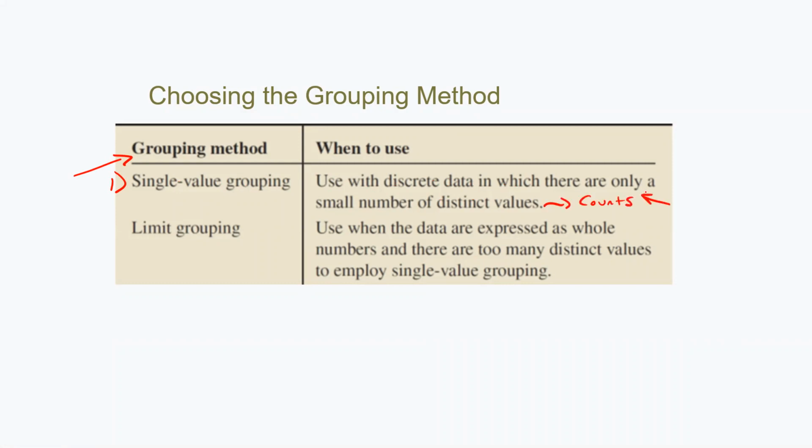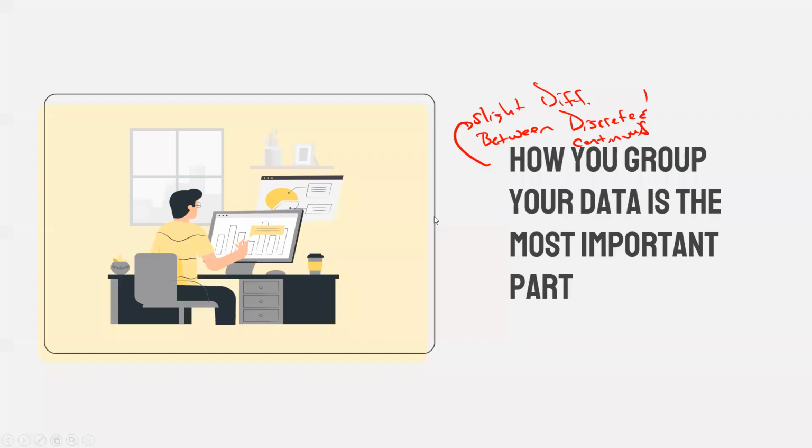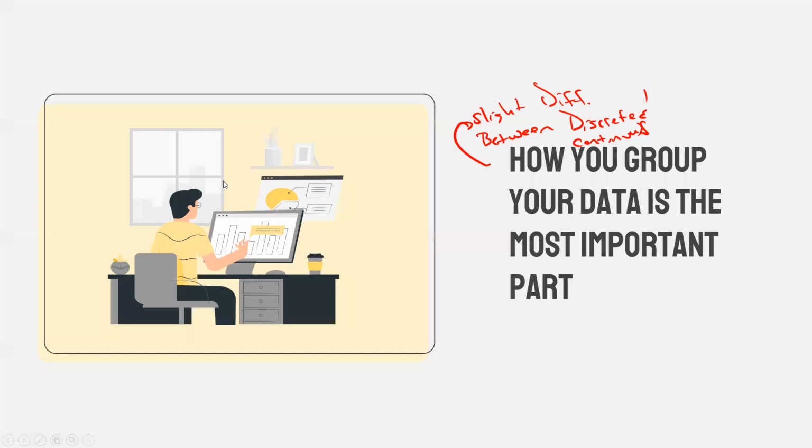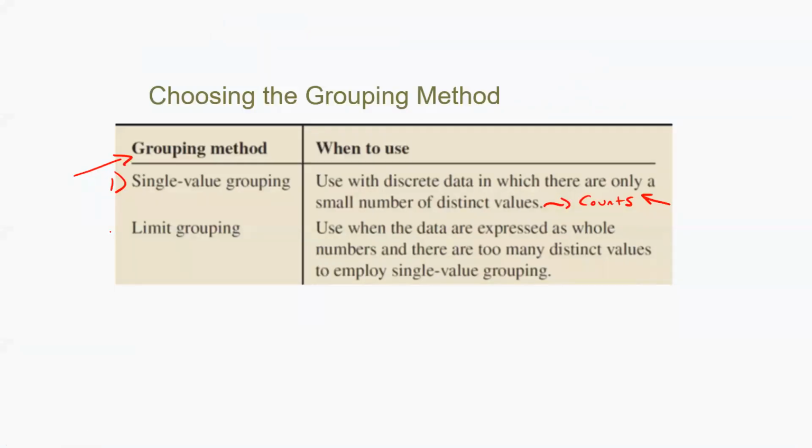If you look back here, our data has a small number of possible values: 0, 1, 2, 3, 4, 5, and 6. Those are the only values here. The other way we'll do it is called limit grouping. This limit grouping is just slightly more complex. It just requires an extra step.